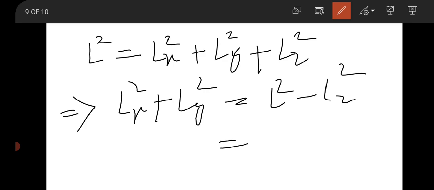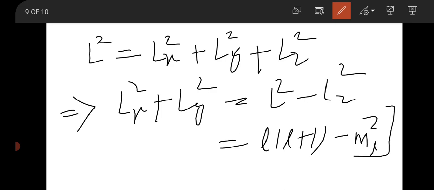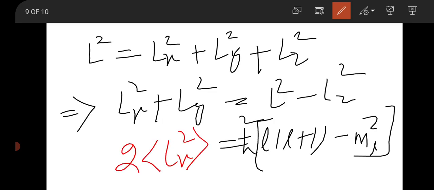L square has the eigenvalue L(L plus 1)ħ square, and Lz has the eigenvalue mħ, which means its square will be m square ħ square. So I take ħ square common. This gives us ħ square times (L(L plus 1) minus m square). Now the expectation values of Lx square and Ly square are equal.